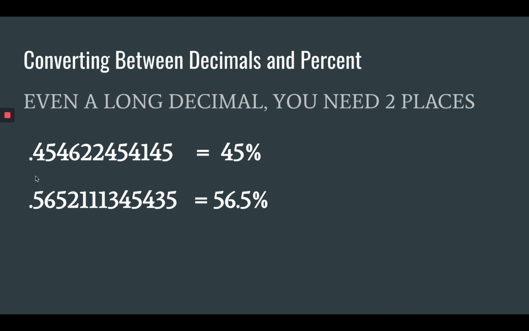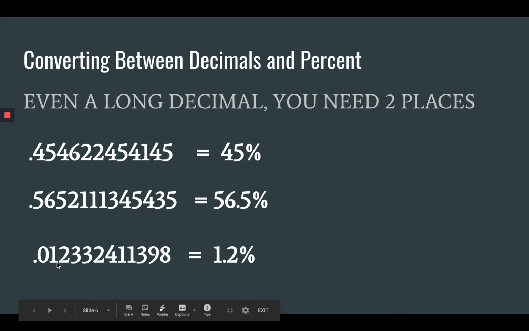You really are concerned with these first 2 decimal places for percents. So one more example. This whole long decimal would be 1.2%, just by moving that decimal over twice. That's what counts. Okay?